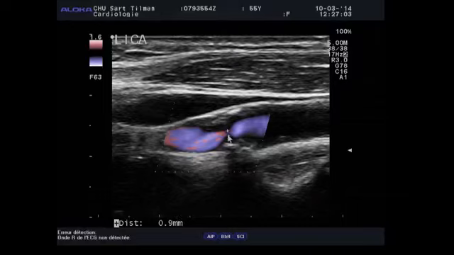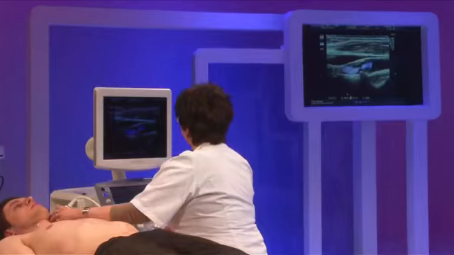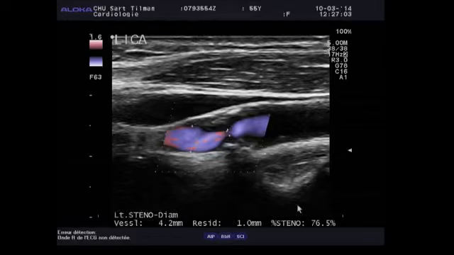The first one is NASCET, from the North American Symptomatic Carotid Endarterectomy Trial, and it measures the diameter here inside the stenosis and compares it to the diameter when the carotid artery is almost normal. This is about 76% stenosis.